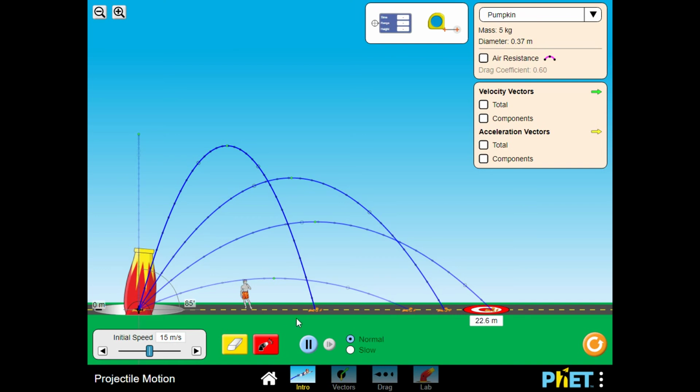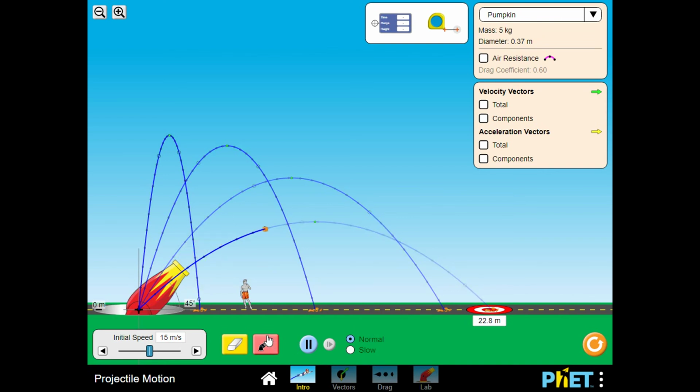Again, increasing the angle, here also the vertical displacement increases and the horizontal displacement decreases. Here it concludes that in projection, the maximum horizontal displacement, or the range, occurs at 45 degrees. So this is one of the conclusions.